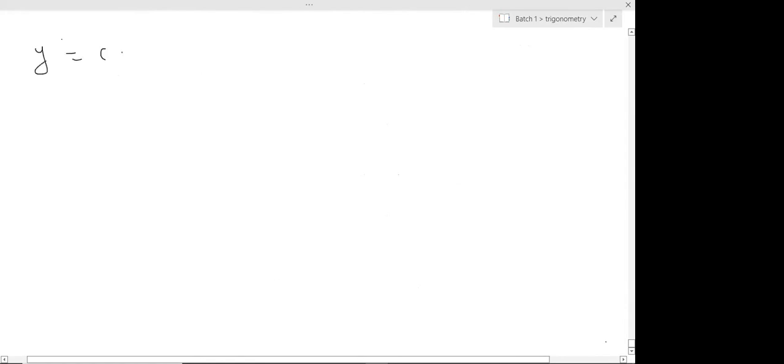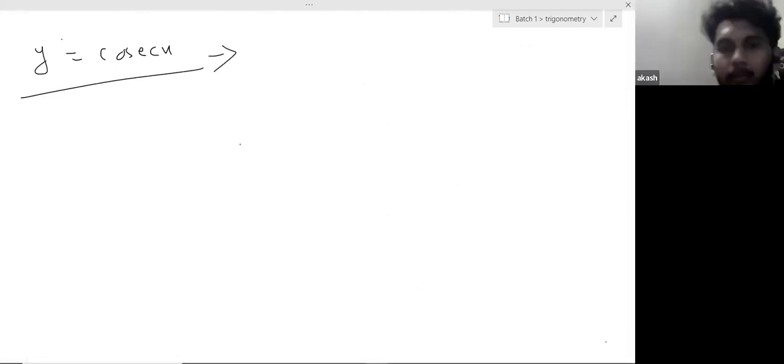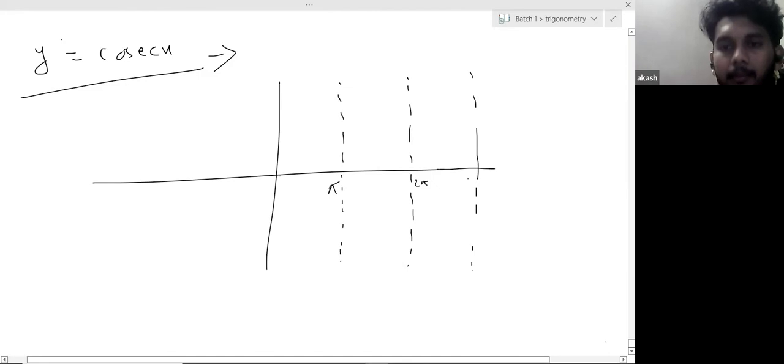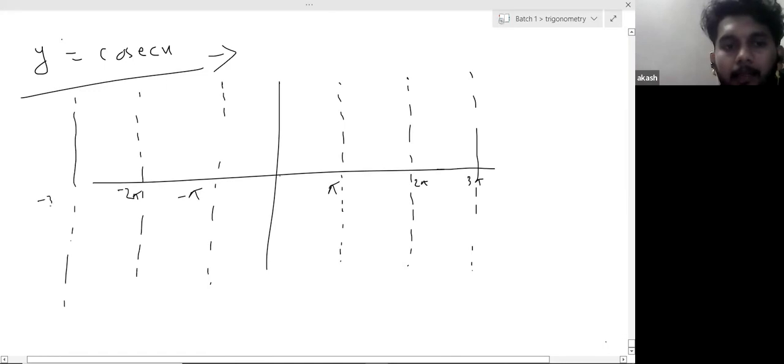cosec x. Alright, how to draw the graph of cosec x? Again, this is 0, this is pi, and 2 pi, and 3 pi, minus pi, minus 2 pi, minus 3 pi.